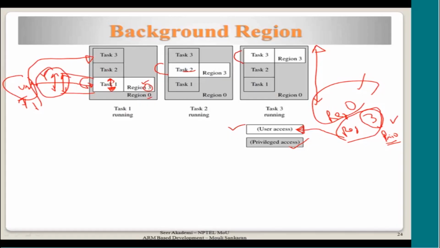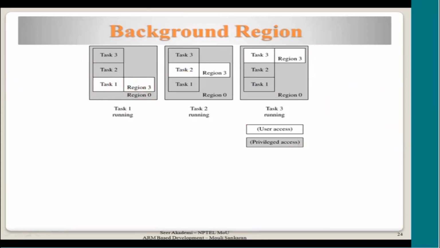So even though region 0 has the lower priority number, because of the restriction in the range of addresses given to the higher priority number, the rest becomes inaccessible to this task. When task 1 is running, it can only access its own area.